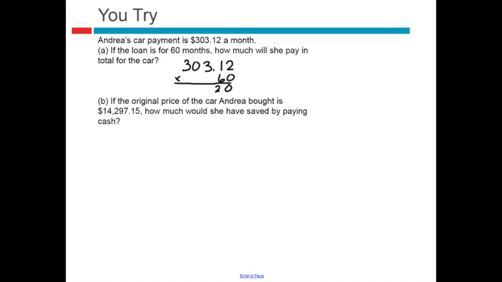6 times 2 is 12. 6 times 1 is 6. Plus 1 is 7. 6 times 3 is 18. 6 times 0 is 0. Plus 1 is 1. 6 times 3 is 18.